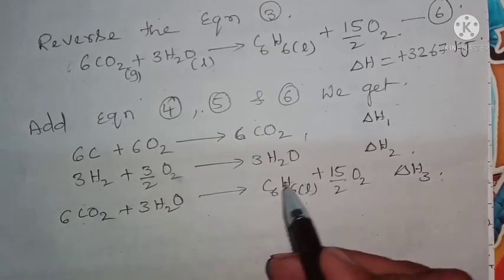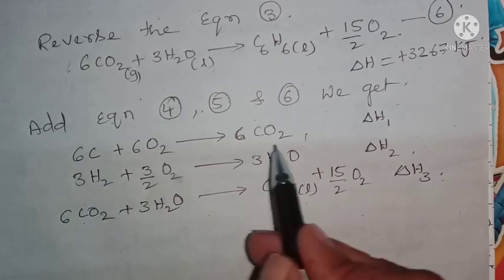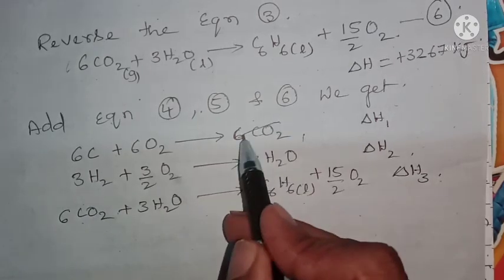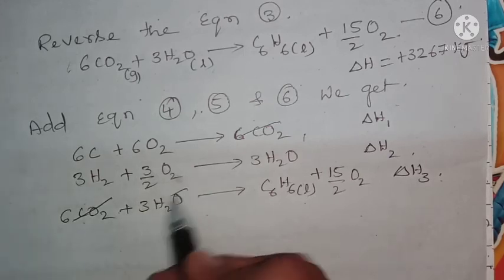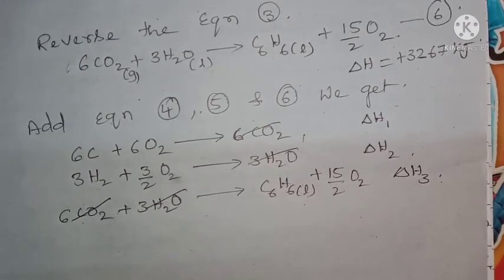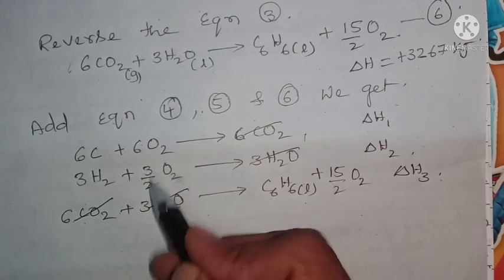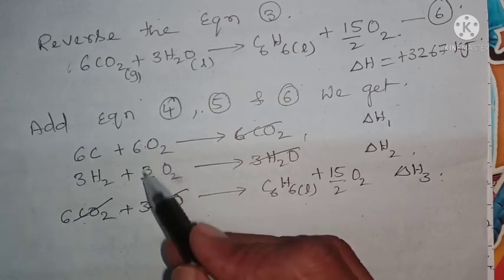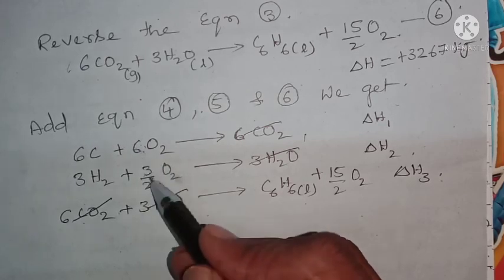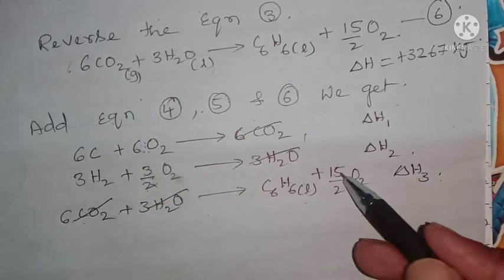So 6 CO2 gets cancelled. 3H2O gets cancelled. 6 plus 3 by 2, that is 15 by 2, that is 7.5. Here also 7.5.